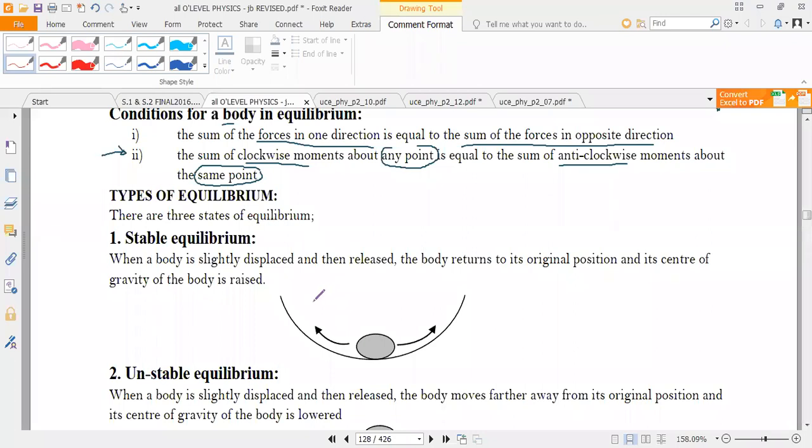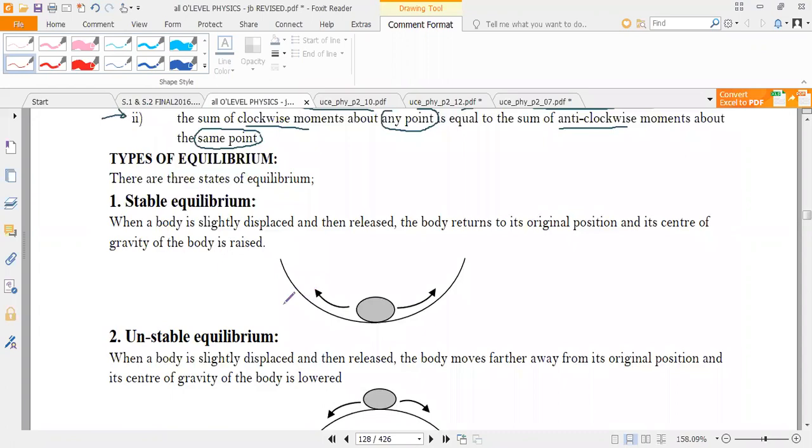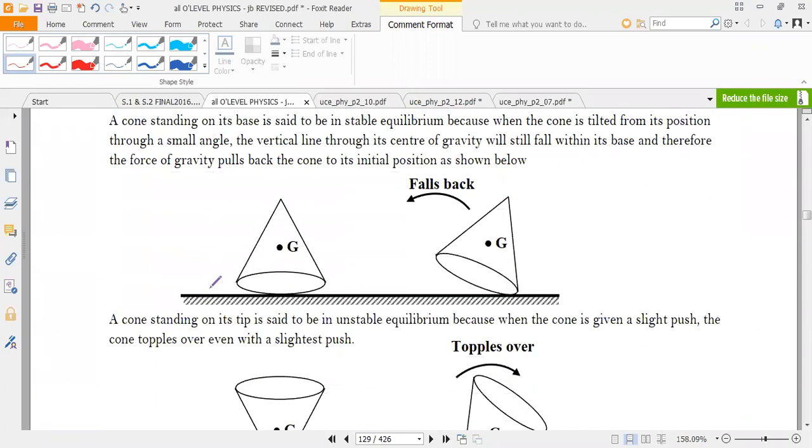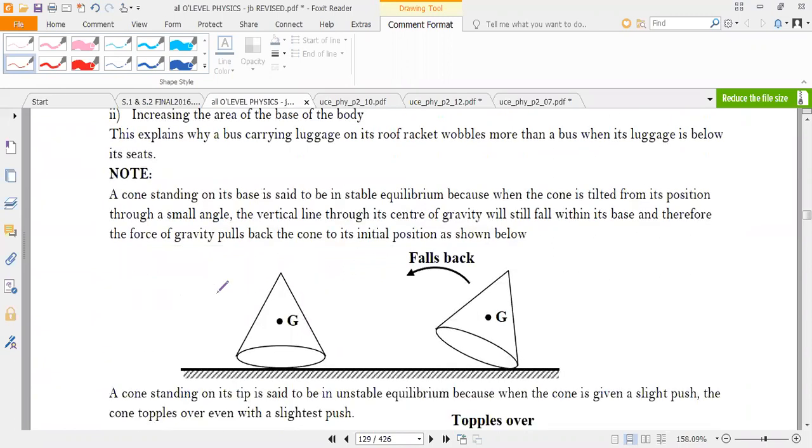The first one is what we call stable equilibrium. Maybe we can look at them using this one here. Stable equilibrium is the type of equilibrium whereby a body has a low center of gravity such that when it is slightly tilted, it returns to its normal position.